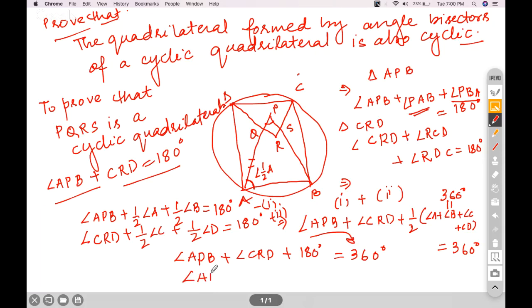So angle APB plus angle CRD is equal to 360 minus 180, which is 180 degrees. That's how you prove this. I hope you understood this.